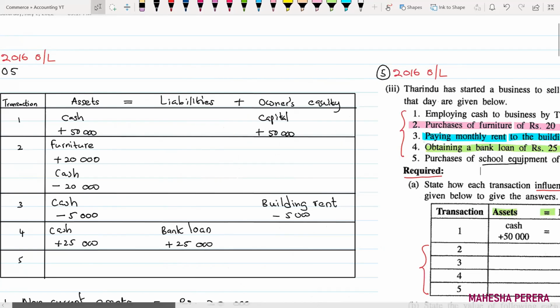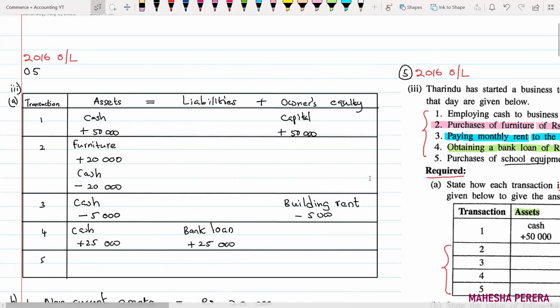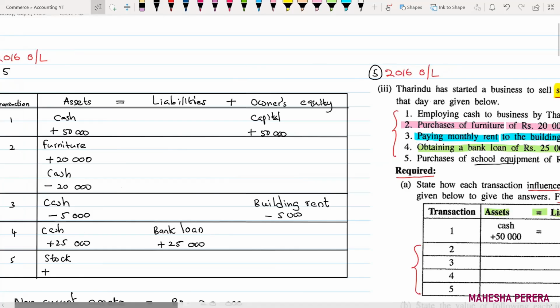Now, when the business purchases stock, definitely stock of the business increases. So you can say stock plus the particular value, 10,000 rupees. Then what else will happen?